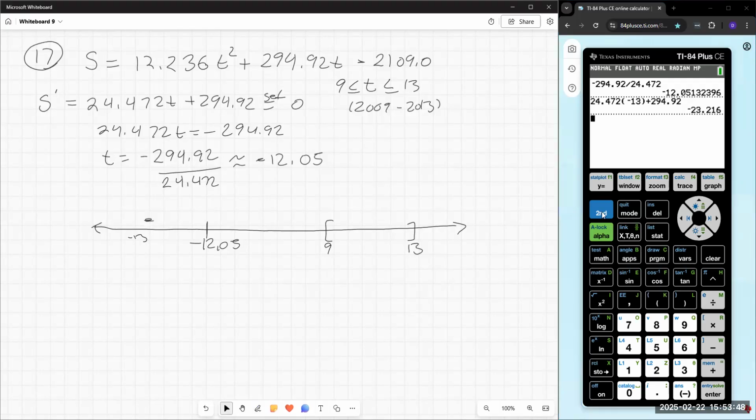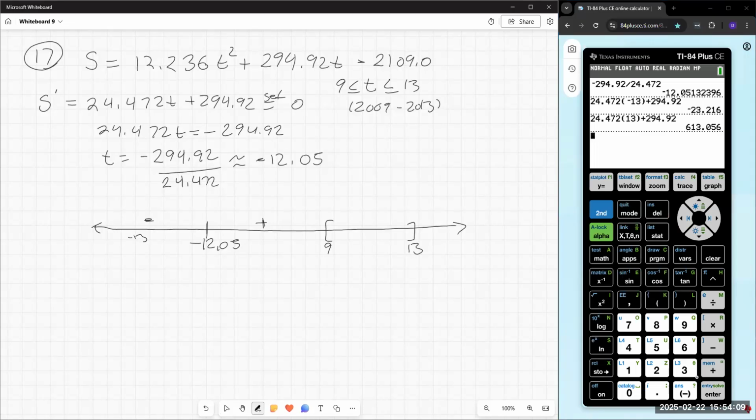And if I were to stick in a number to the right, like say positive 13 up there, that's going to be positive on this interval here.